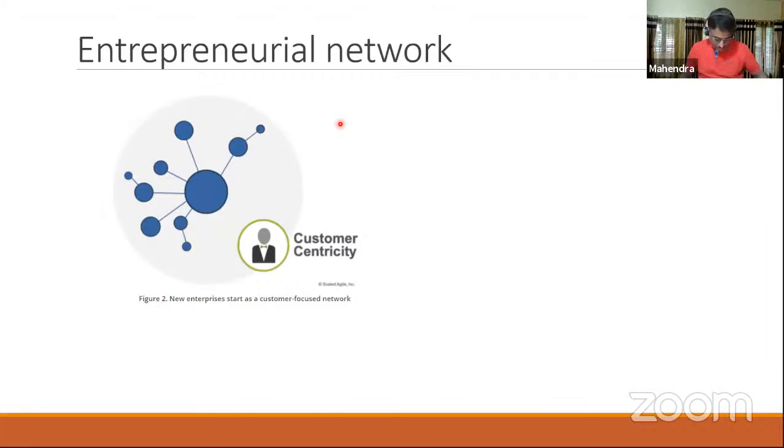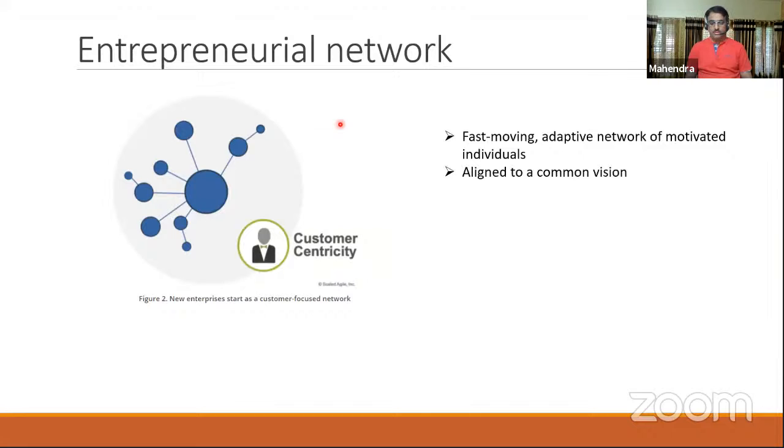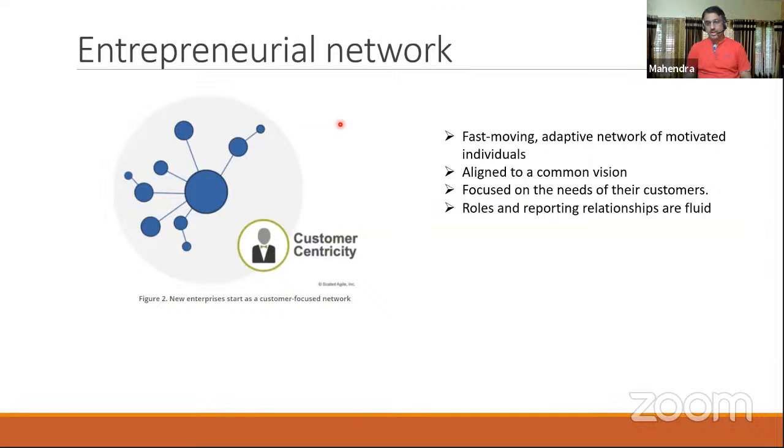Well, any enterprise, be it a startup or any other, generally starts in a very small fashion. It's very fast moving, adaptive, and consists of motivated individuals, mainly the promoters, in that initial entrepreneurial phase. They are bound by a common vision, and there's solid focus on the needs of the customer. The roles and relationships are pretty fluid.